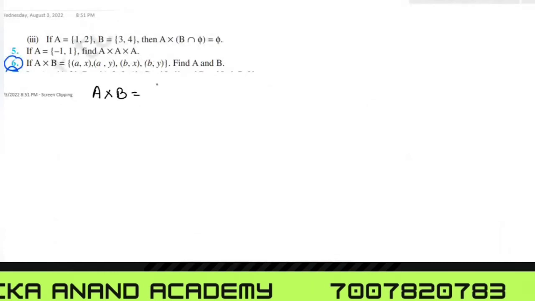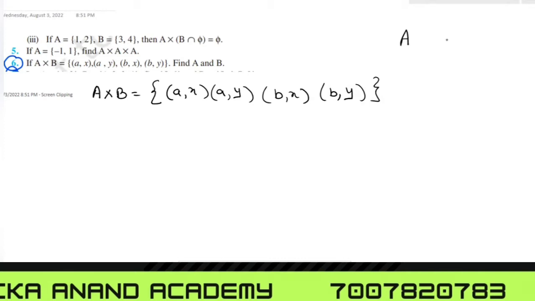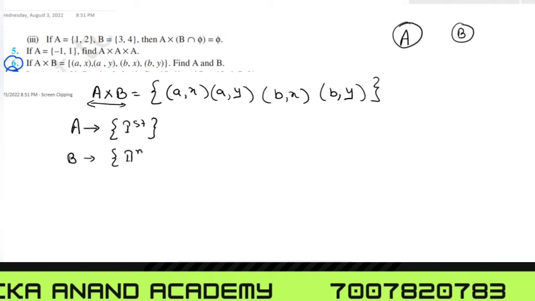A cross B is equal to A comma X, A comma Y, B comma X, B comma Y. And we have to find set A and set B. So listen. When we find the Cartesian product of A and B, A contains the element which comes first and B is the element which comes at the second place.